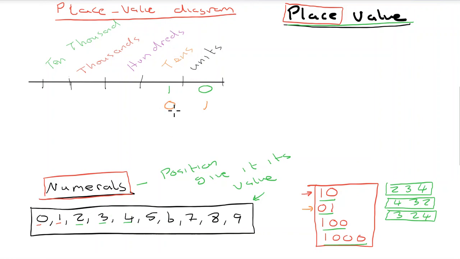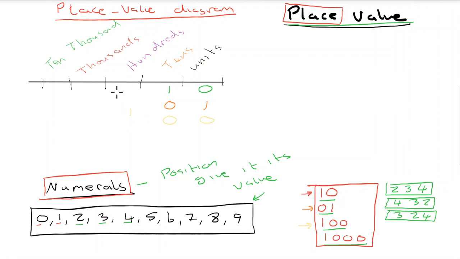So each place represents a particular value. You have units, tens, hundreds, thousands, and ten thousands. If we take the number 100, for example, it has 0 units, 0 tens, and then it has 1 hundred.